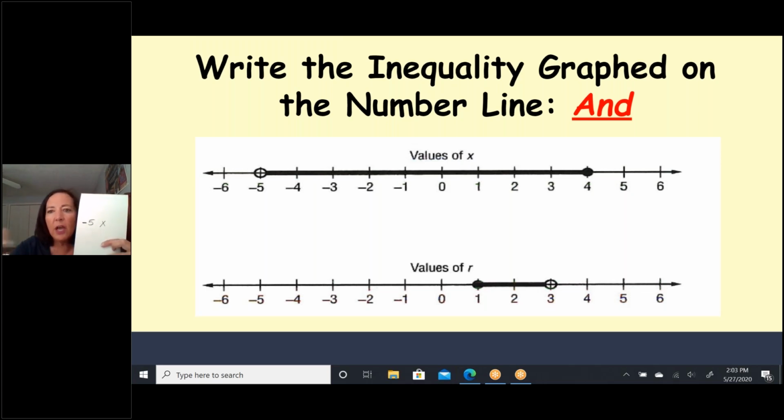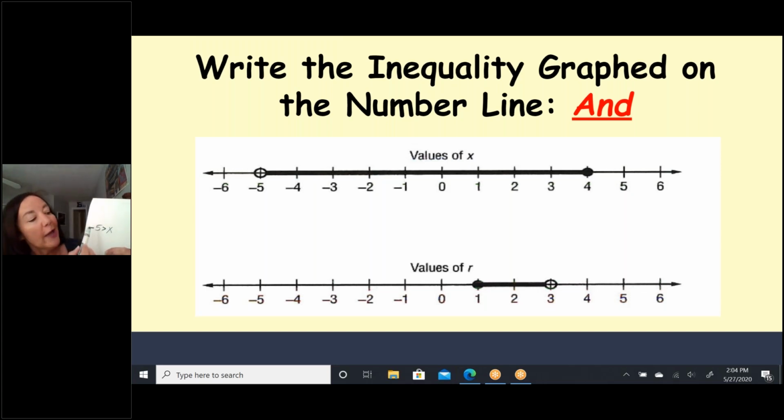And so I'm looking at the screen, we've got an empty circle there, so you know it's got to be either less than or greater than. And the arrow is going to the right. So this is x over here. Is x greater than -5 or less than -5? It's greater than. Nice.